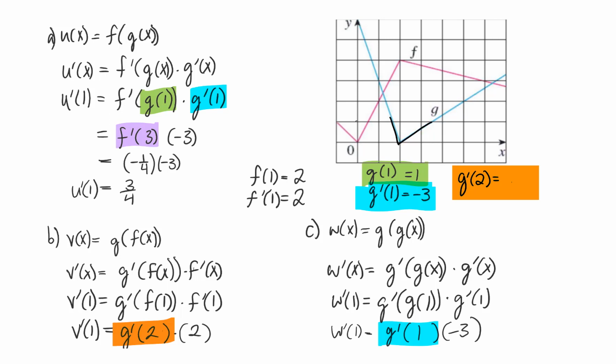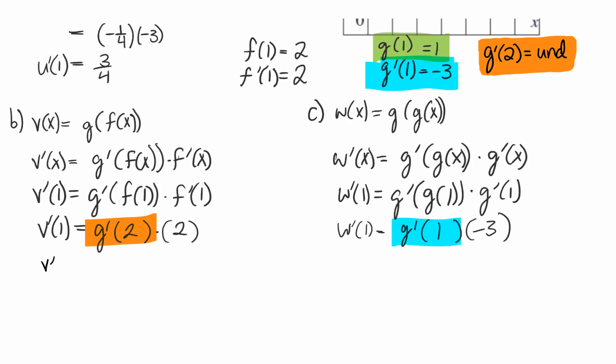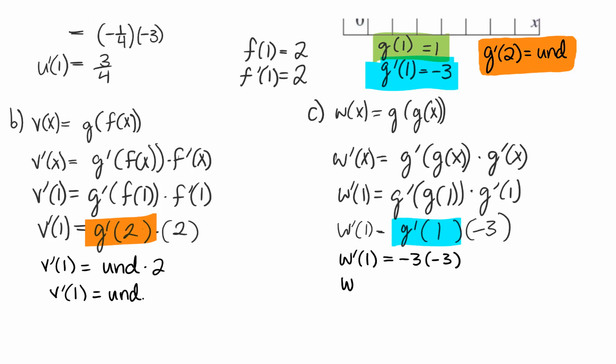Sharp turns are not differentiable, meaning you cannot find the derivative at a sharp turn. So g prime of 2 is undefined. Now simplify. This makes v prime of 1 undefined. And that's how we use the function values and the derivative values of graphs to use the chain rule.